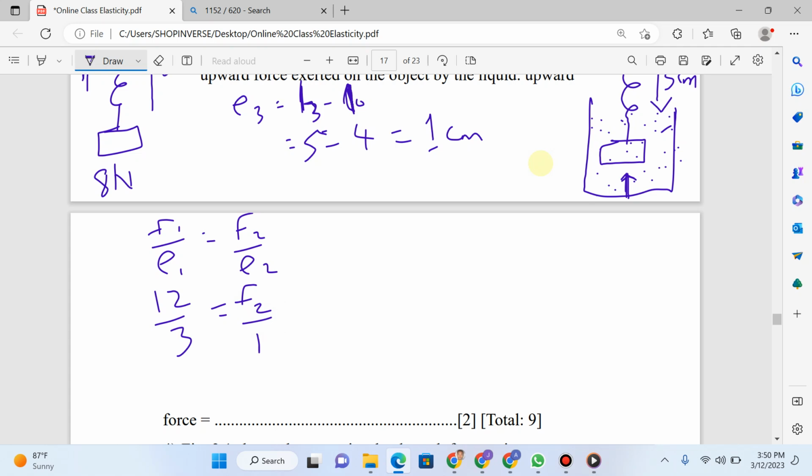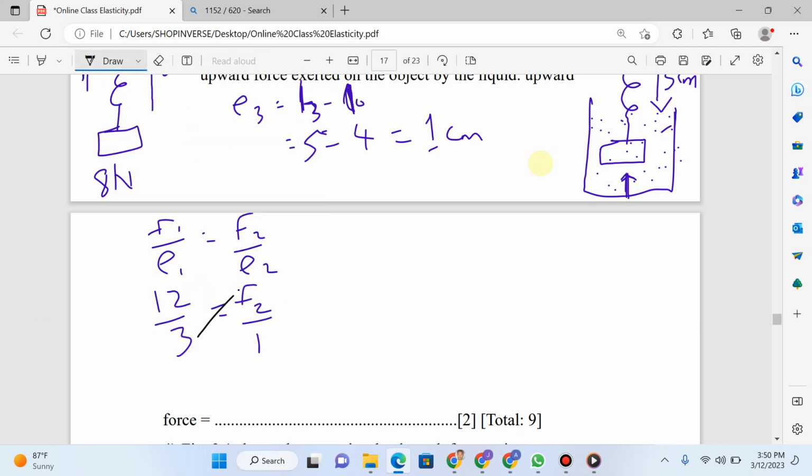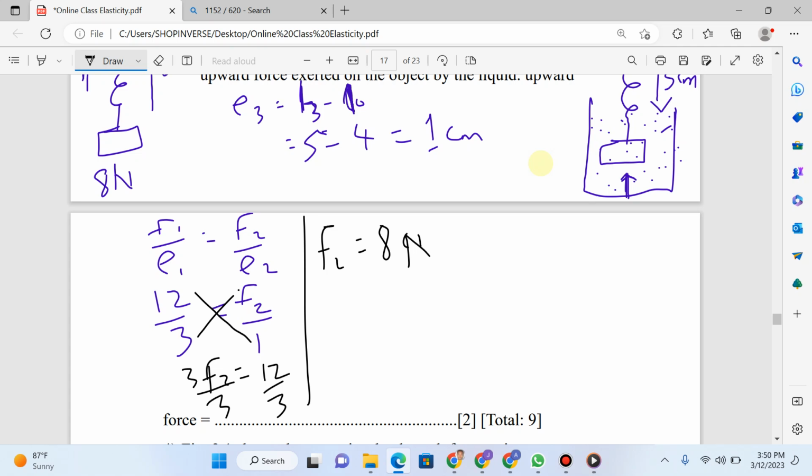We don't have F2. Now if you cross multiply, you have F2 times 3, so 3F2 is equal to 12. Divide both sides by 3, and you have F2 is equal to 8 Newton.